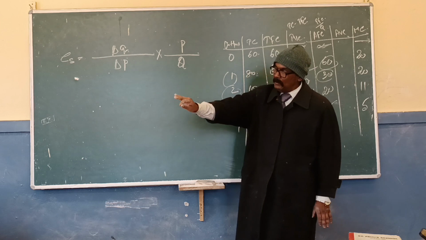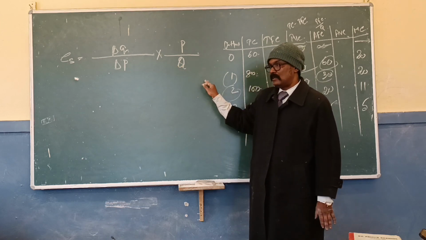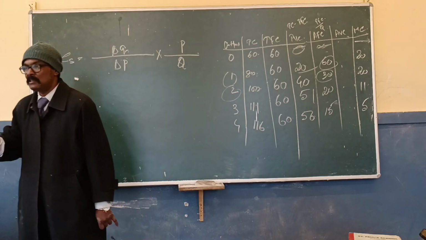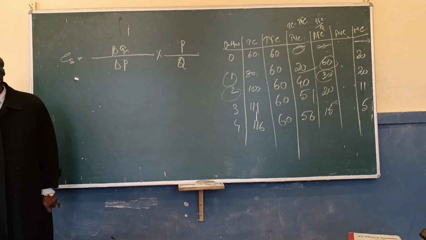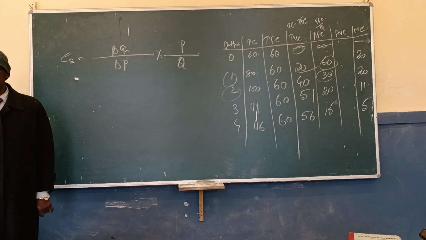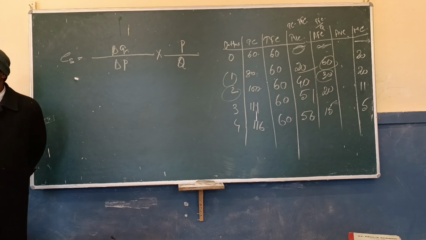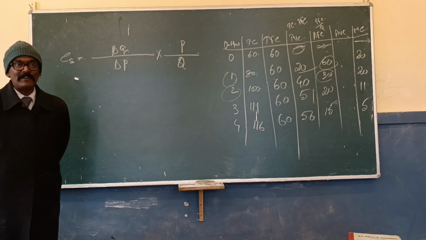So first I will write down the formula. After this, I will write what are the things given in the question. Read the question. What is given in the very first line? It's the initial price and initial quantity.